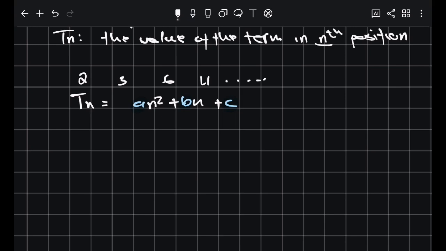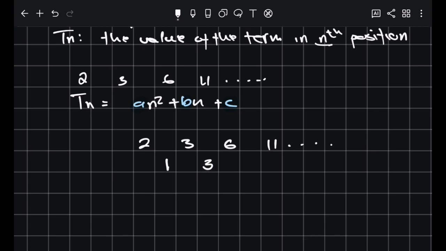Remember we said it has a constant second difference. What does that really mean? Considering this pattern, we can take the difference between consecutive terms. 3 minus 2, we get 1. 6 minus 3, we get 3.